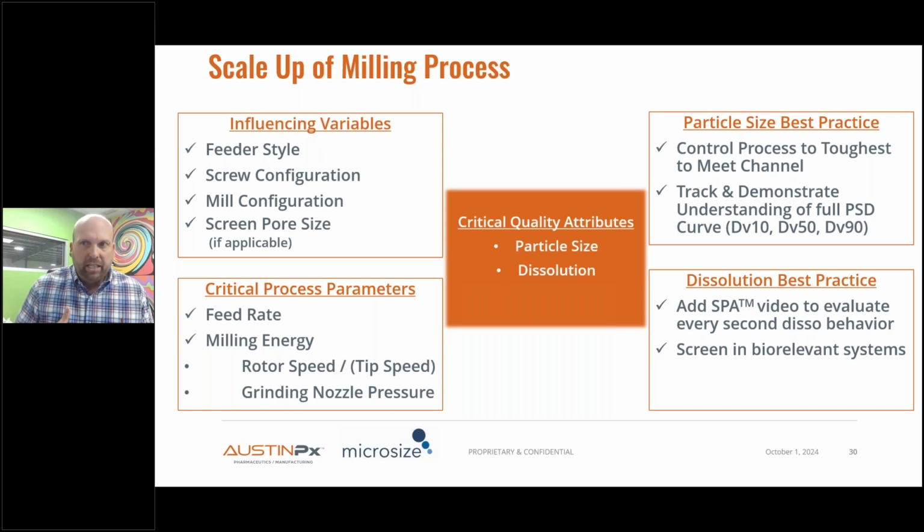And as well as balancing the material that energy is being applied to in terms of feed rate. So that feed rate is definitely influenced by holding constant and optimizing which feeder we select, which screw configuration is present if it is a screw feeder.